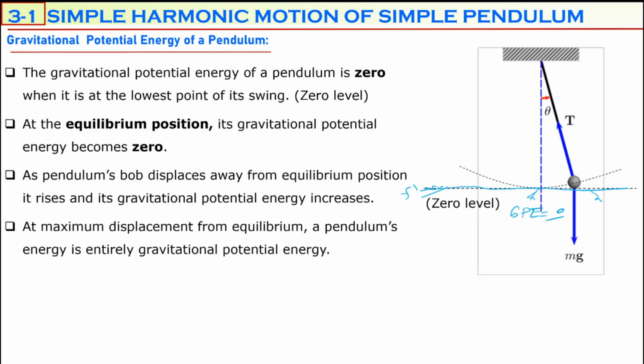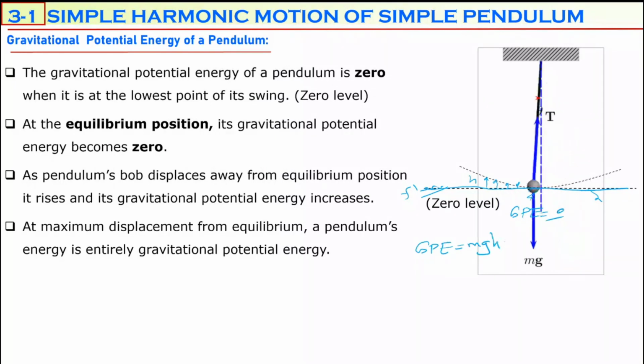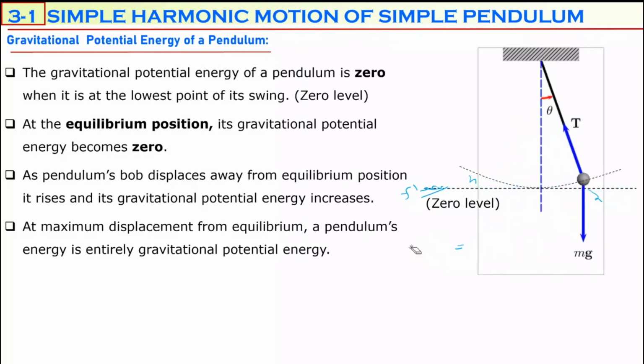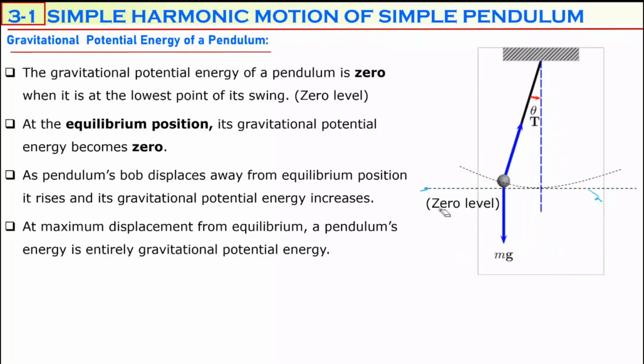But as the pendulum's bob is rising, as height is increasing, remember the gravitational potential energy equation, mgh. As h is increasing, gravitational potential energy increases. That's why at maximum displacement from the equilibrium position, just like the mass spring system, where elastic potential energy was maximum, here gravitational potential energy is maximum.